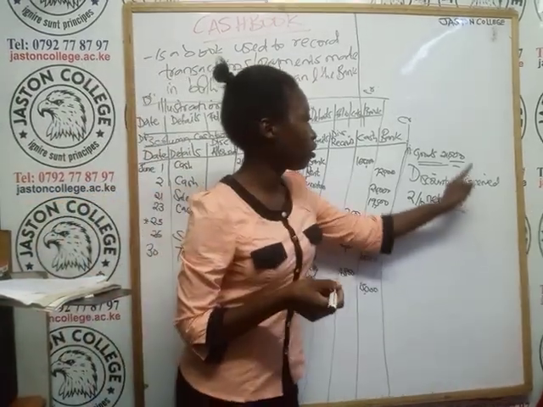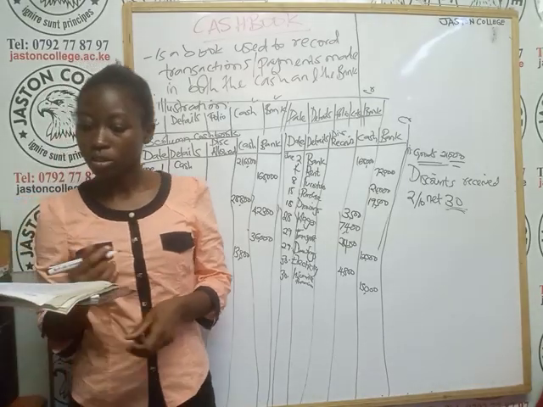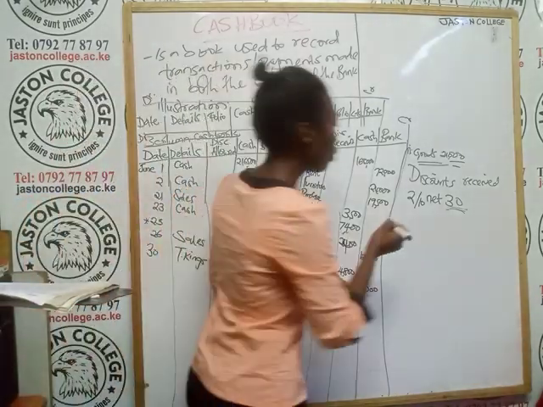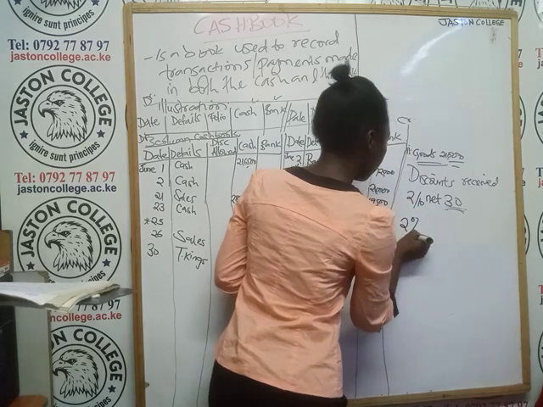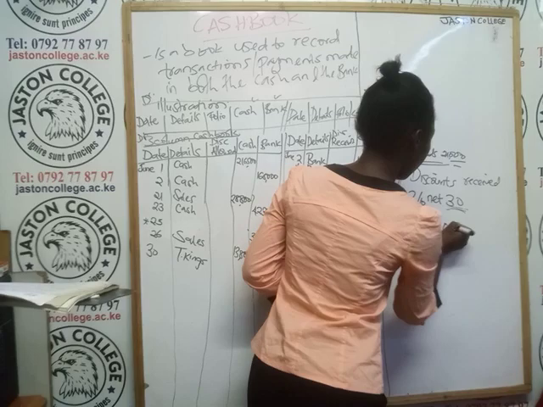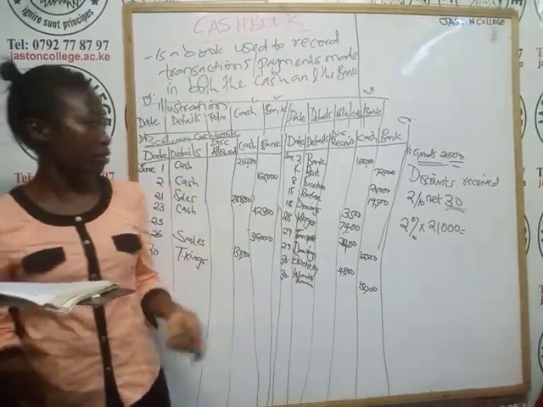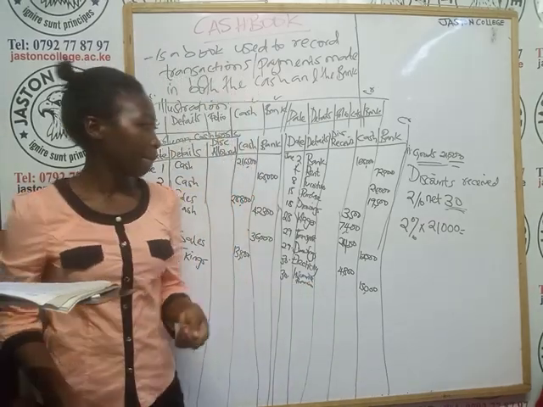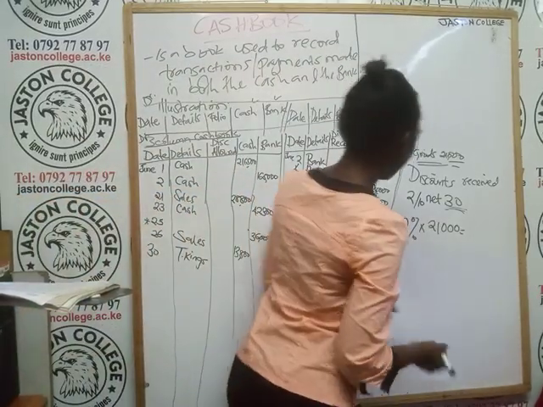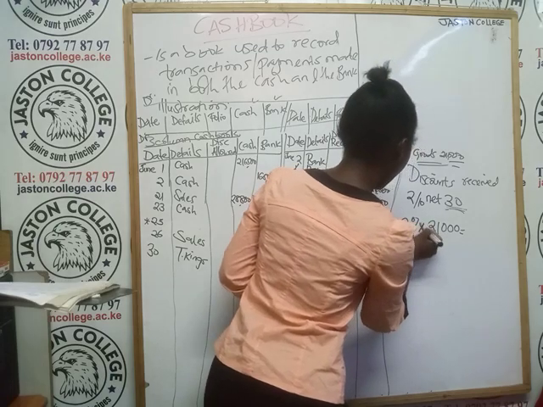purchase the goods for 21,000. So that means we get 2% discount of 21,000. So my good students, we get 2% discount from our suppliers.